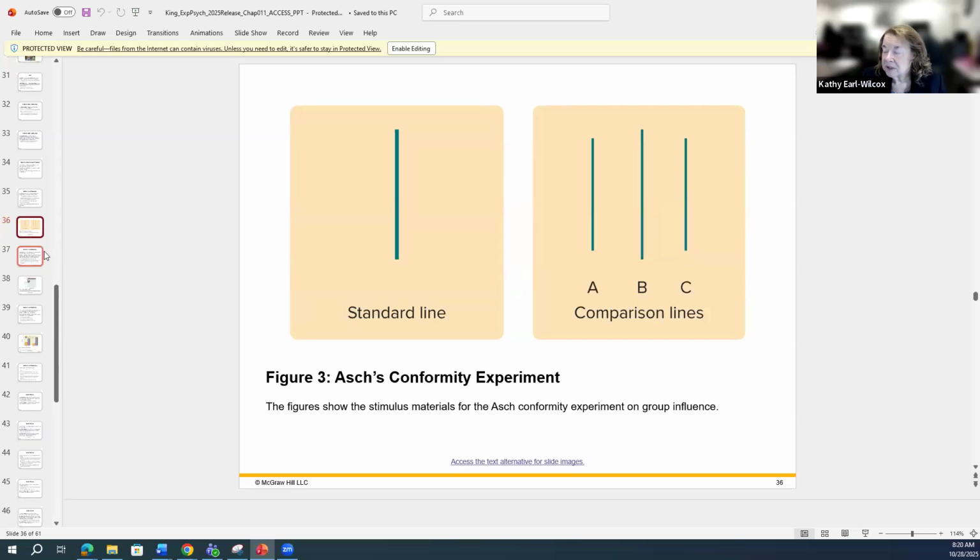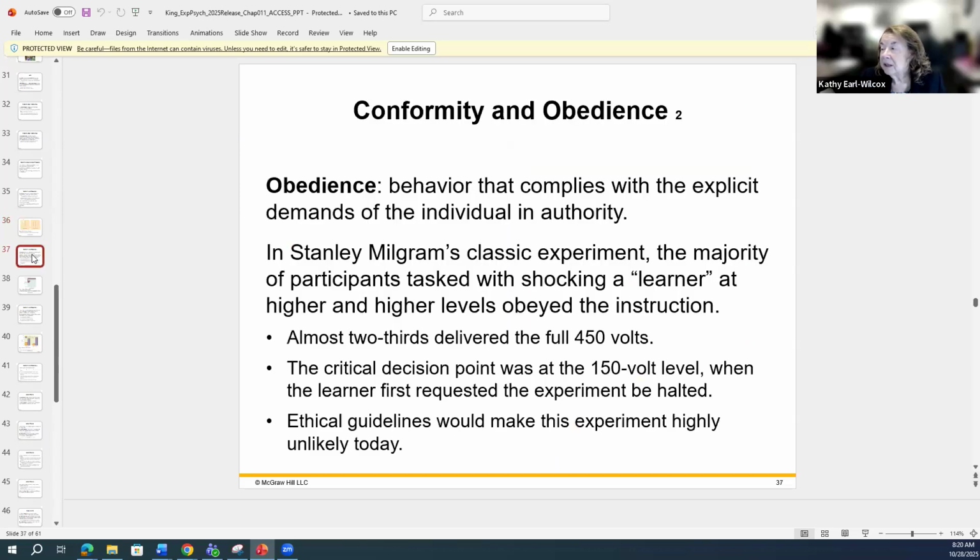Conformity: Asch's conformity experiment is explored on page 431 in your book. And conformity and obedience: you will find as a child that if you conform and are obedient, you get different treatment than a child that tries to break the reins.